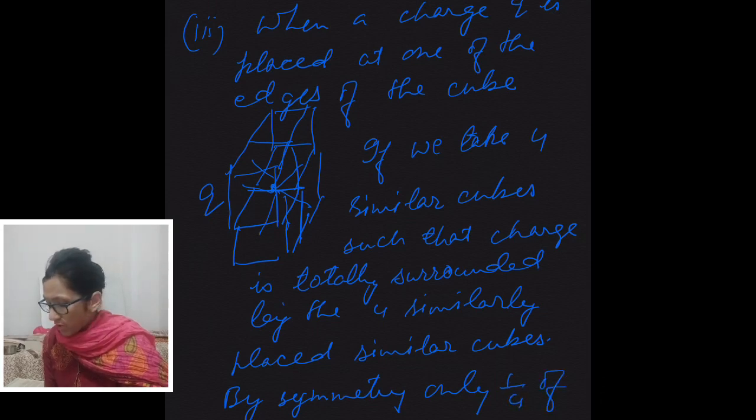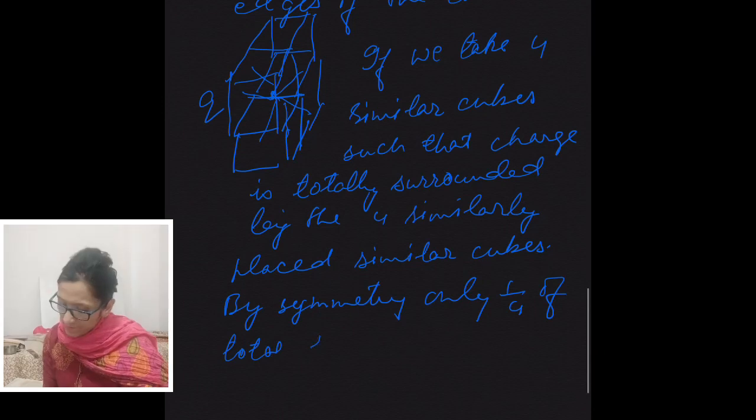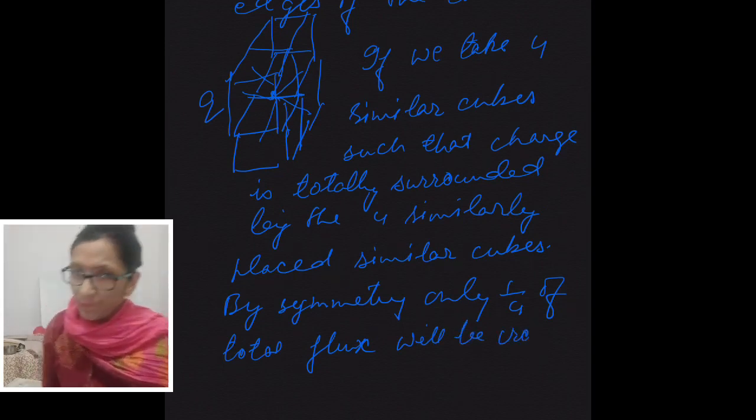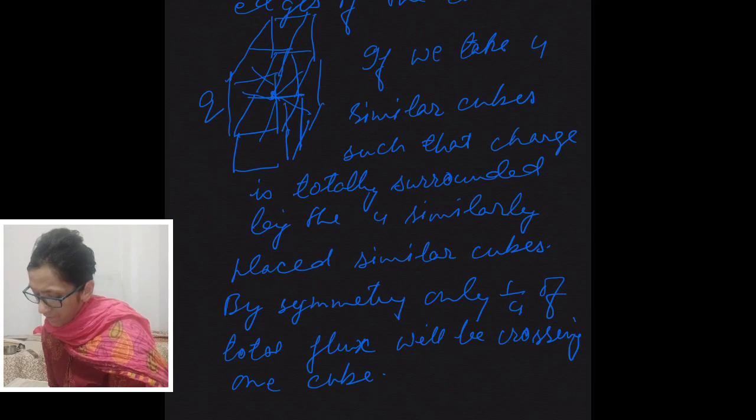Okay, so by symmetry, only 1/4 of the total flux will be crossing one cube.